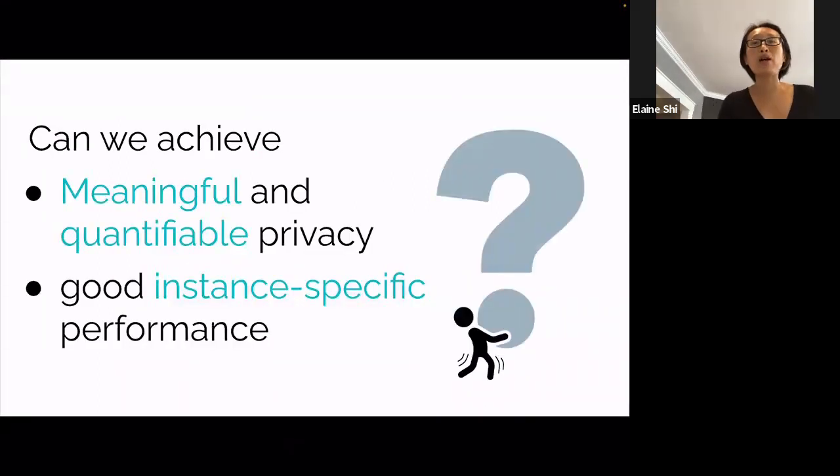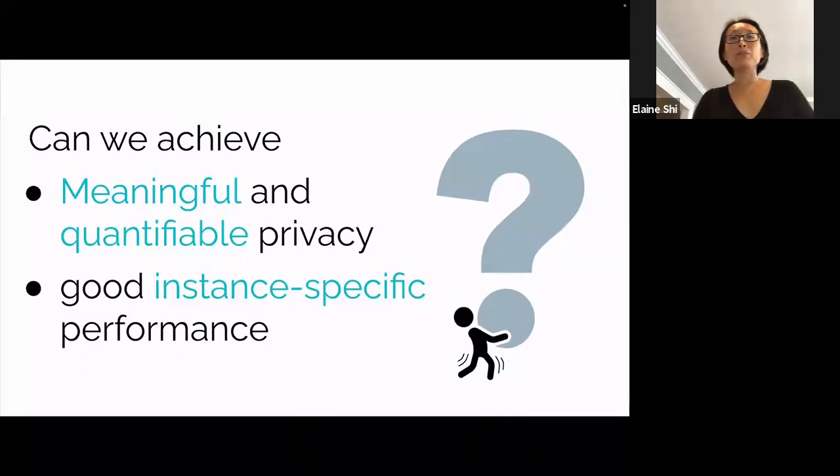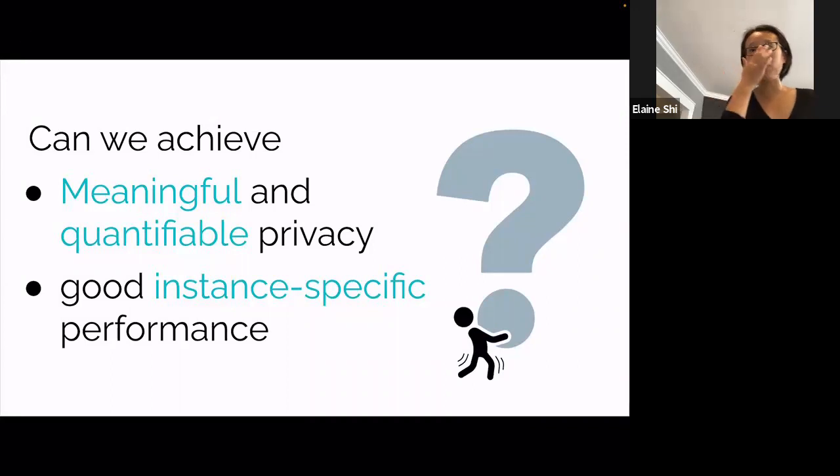The question we care about answering is, can we achieve number one, meaningful and quantifiable privacy? And number two, good instance specific performance. So ideally, the performance of the private algorithm should be close to the instance specific performance of the original insecure algorithm.